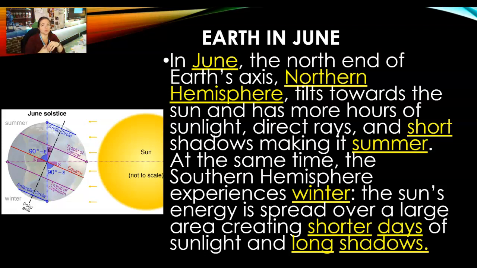It is also summer. At the same time, in the southern hemisphere down here, they are experiencing winter because the sun's rays don't hit this section. When you turn it, only this part gets the direct rays. This part doesn't get it. So they have shorter days, longer shadows. That's winter.